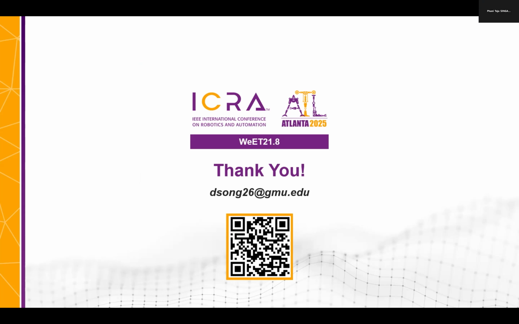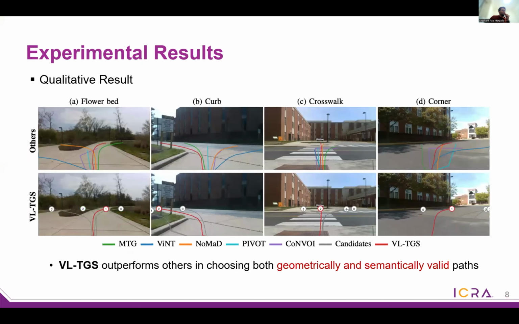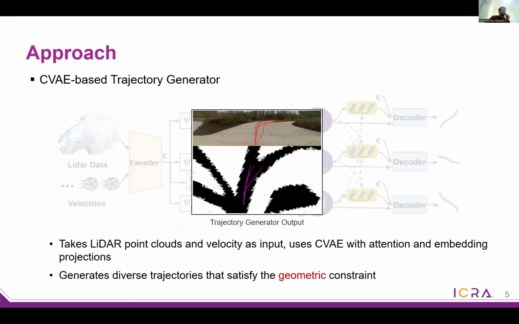Was it about the human velocity? No, diversity. I can repeat. My question is, what were your observations on the diversity of the trajectories generated by your generator? When humans are around the robot, did you see any interesting behaviors?